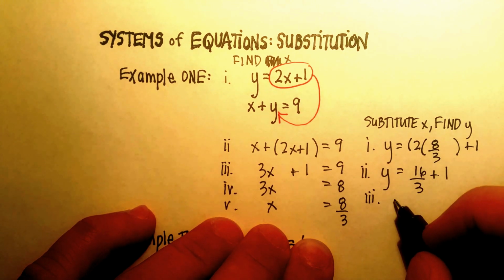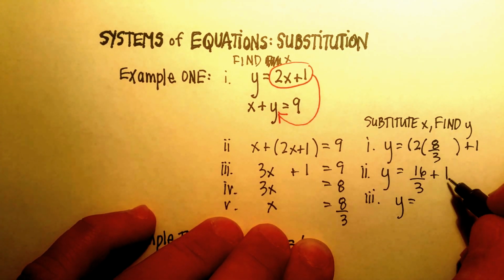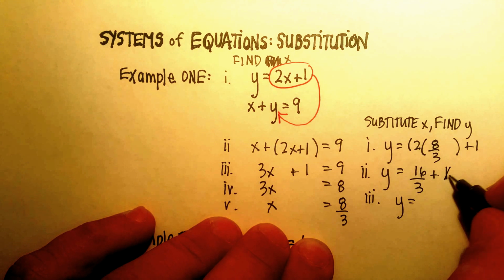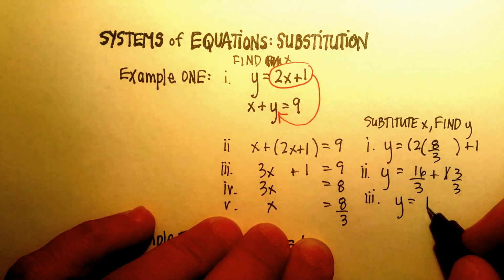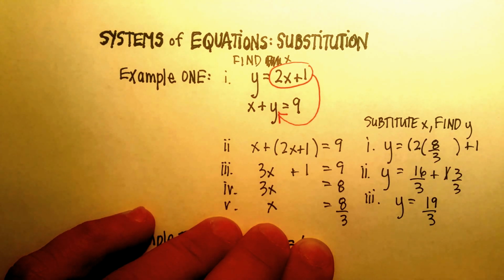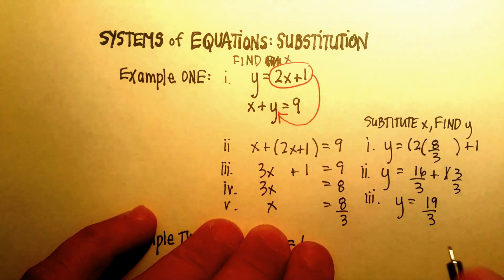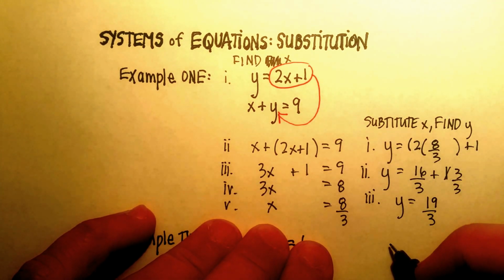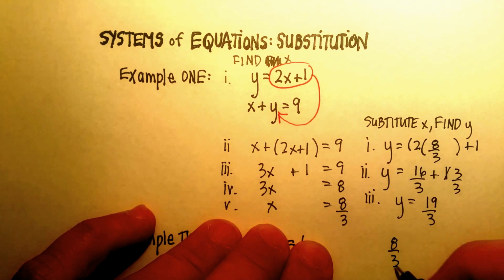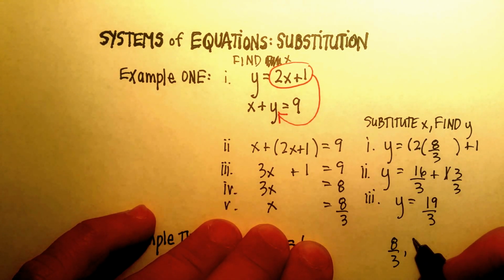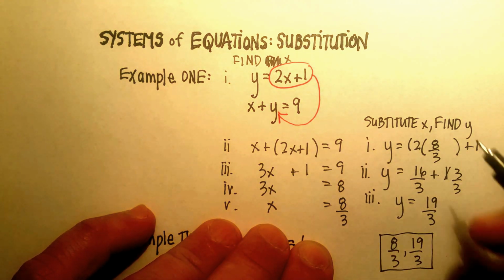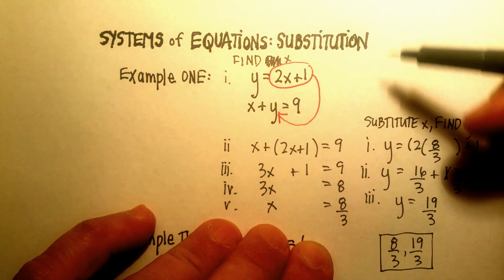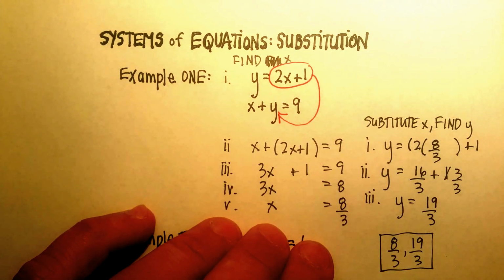Third step, y is equal to, let me just change this to 3 over 3, okay? Because 16 over 3 plus 3 over 3 is 19 over 3. So my answer then is my x will be equal to 8 over 3, and my y is equal to 19 over 3. And this would be your answer for this system of equations. That's where the two would intersect.